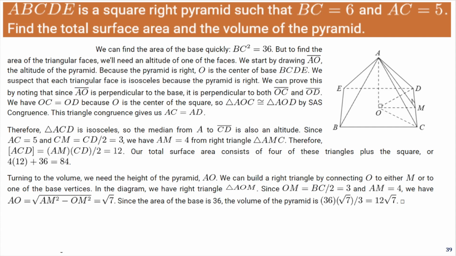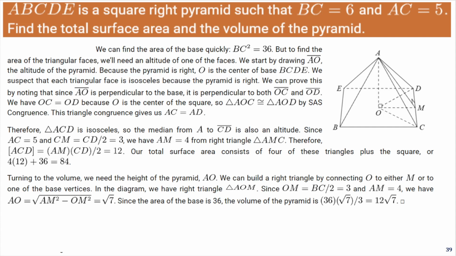Turning to the volume, we need the height of the pyramid, AO. We can build a right triangle by connecting O to either M or to one of the base vertices. In the diagram, we have right triangle AOM. Since OM equals BC over 2, which is 3, and AM equals 4, we have AO equals the square root of AM squared minus OM squared, which is root 7.